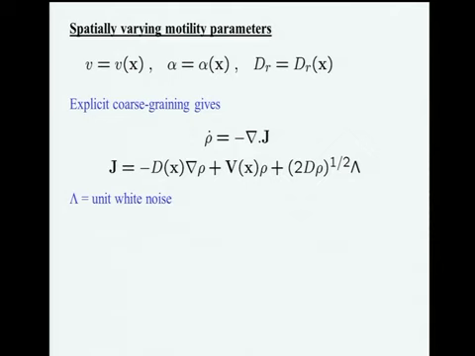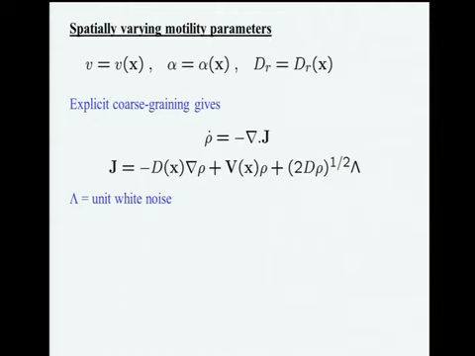And what you can do is explicitly coarse grain that dynamics, and I have some slides on this which I can show anyone who's interested at the end, but they're not part of the talk. At large length and time scales, I get a diffusive type equation, so that if I have a density of particles, there's a current whose divergence is giving me the rate of change of the density. The current looks as written there.